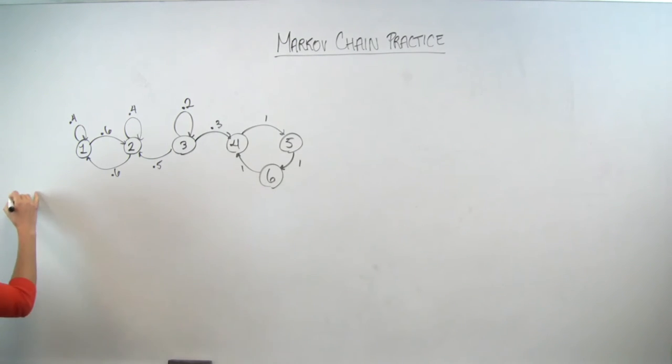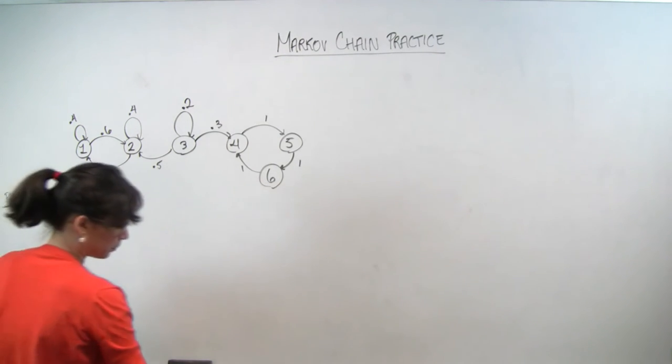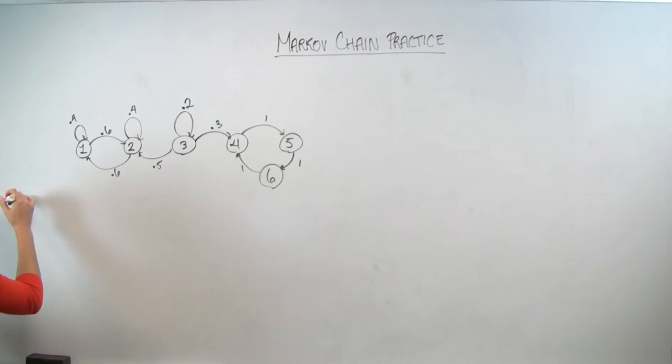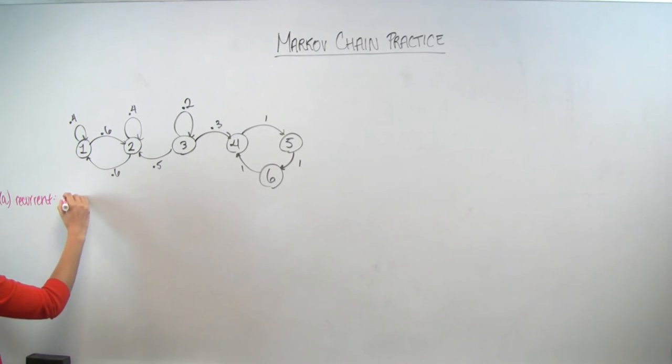So let's start writing stuff down over here. Oops, this marker is not good, so let's do pink. So for part A, we have that recurrent states so far are 1 and 2.